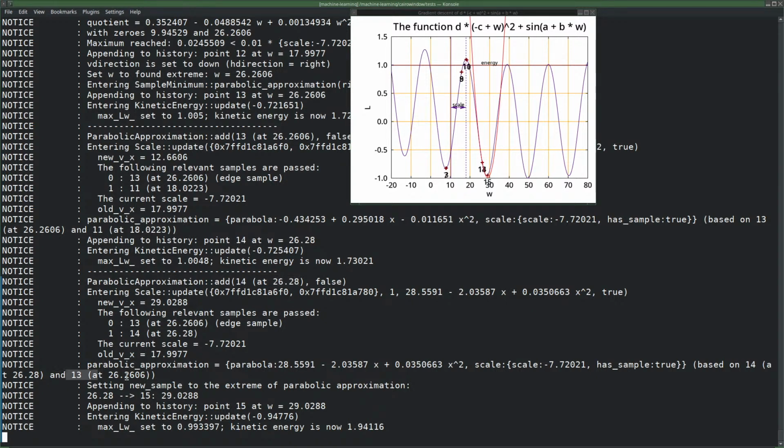No, 13 is at 26. 26.26, I mean, instead of 26.28. So 14 is a tiny little bit on the right, so at least that works or is correct.